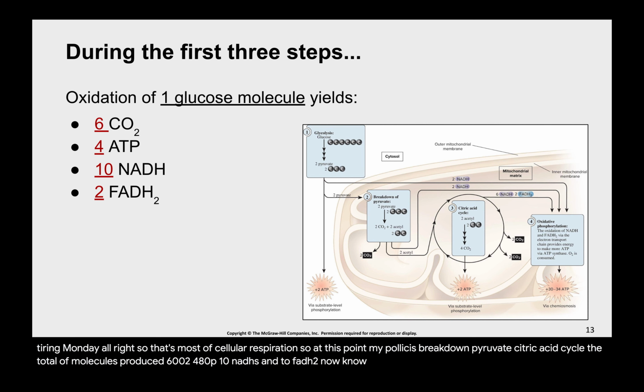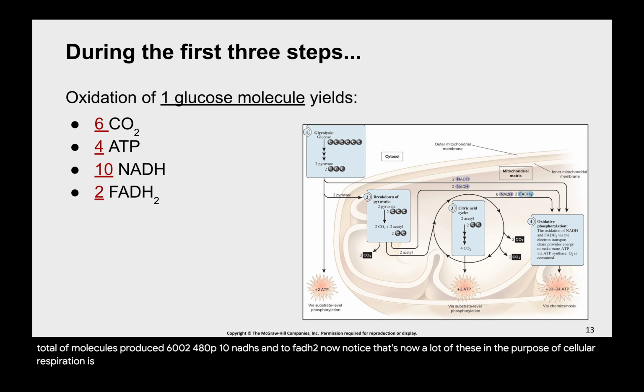Now notice that's not a lot of ATP, and the purpose of cellular respiration is to make ATP. We're generating our molecules up until this point so that we can create ATP. We have a little bit produced, but notice we have 10 molecules of NADH, and this is what becomes important in our next step.